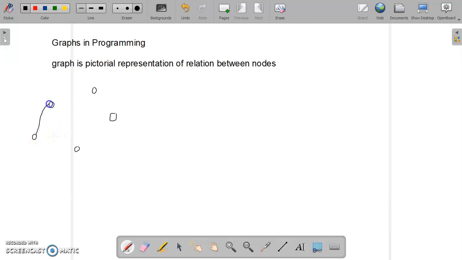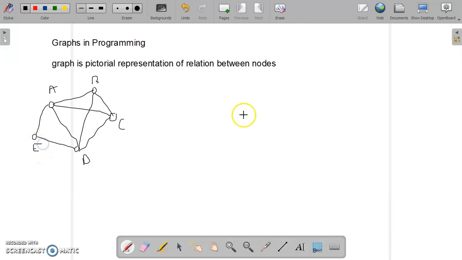For example, here I have a graph with 5 nodes and they are related to each other in some manner. So if two nodes are related to each other, they have an edge between them, and if there is no edge between two nodes, that means they are not related. So this is one example of a graph in which we have nodes A, B, C, D and E.